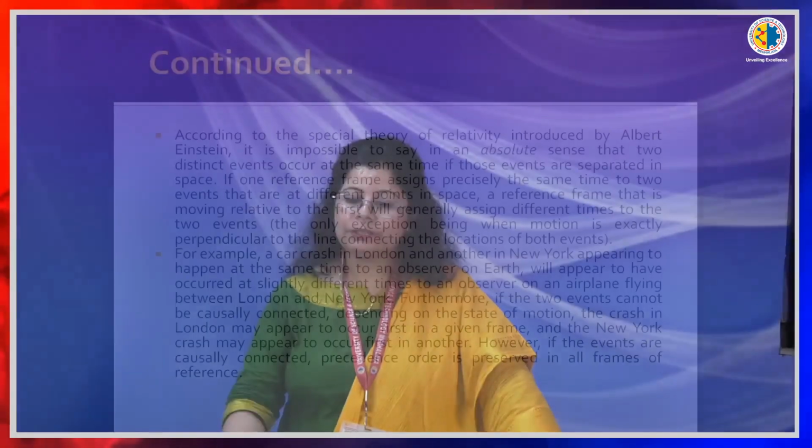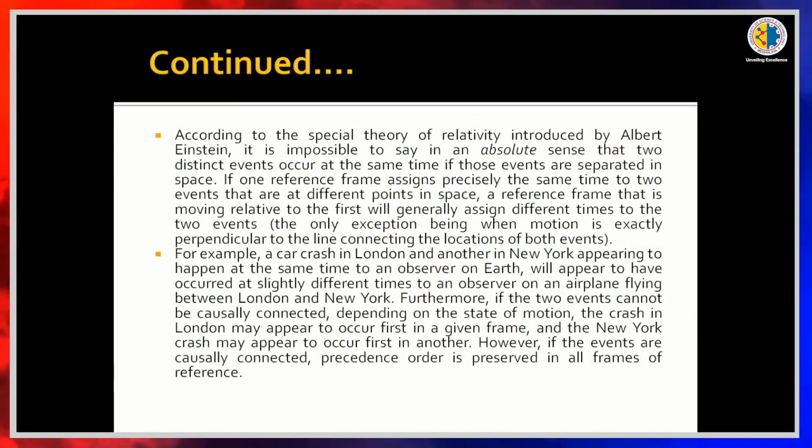According to the special theory of relativity introduced by Albert Einstein, it is impossible to say in an absolute sense that two distinct events occur at the same time if those events are separated in space. If one reference frame assigns precisely the same time to two events at different points in space, a reference frame that is moving relative to the first will generally assign different times to the two events.